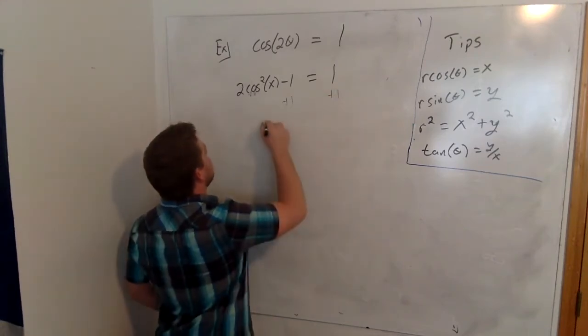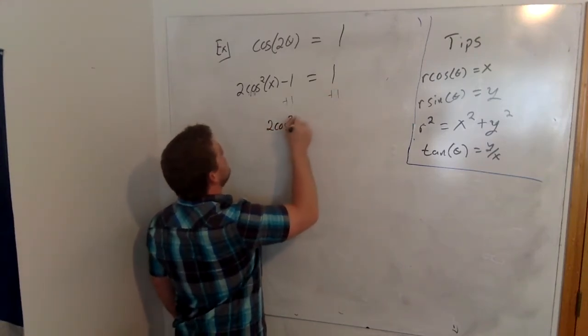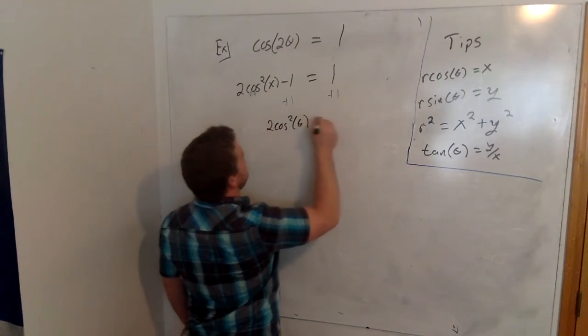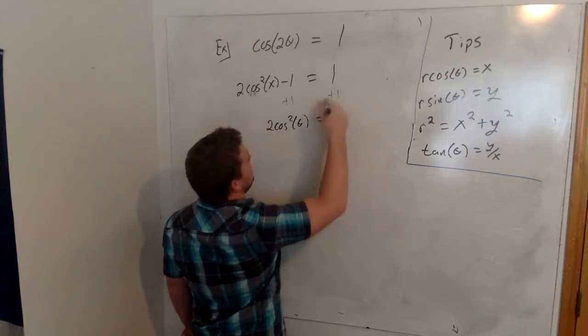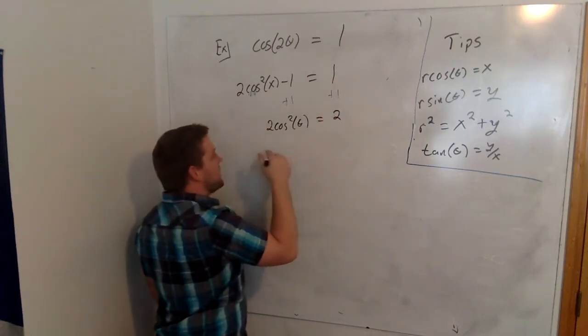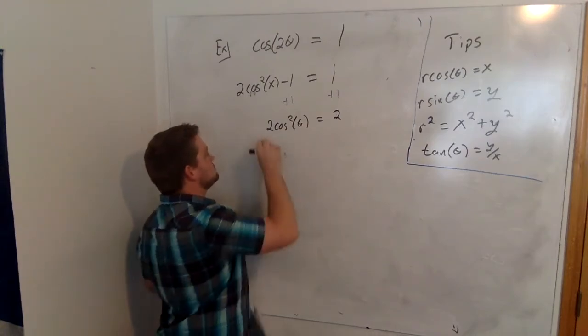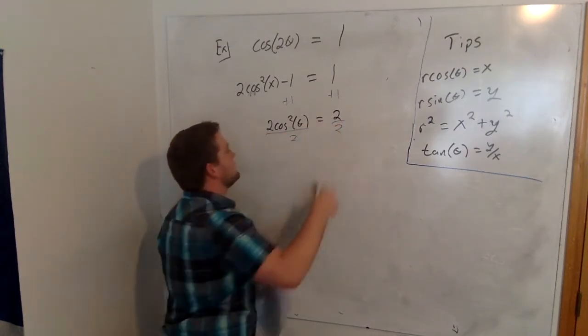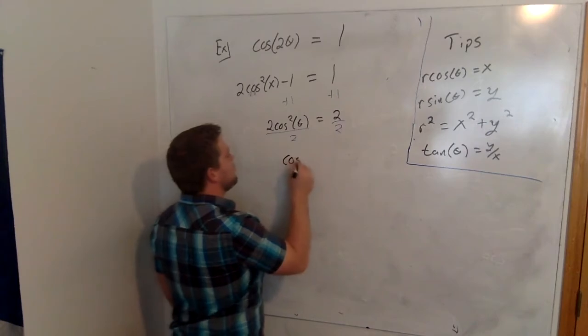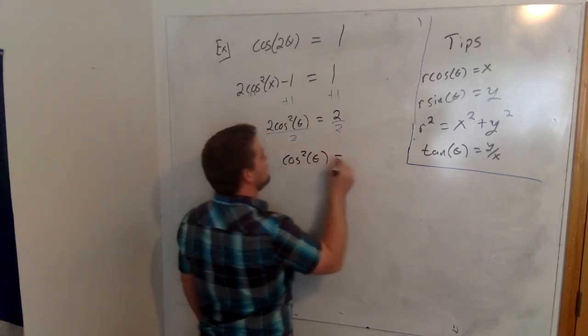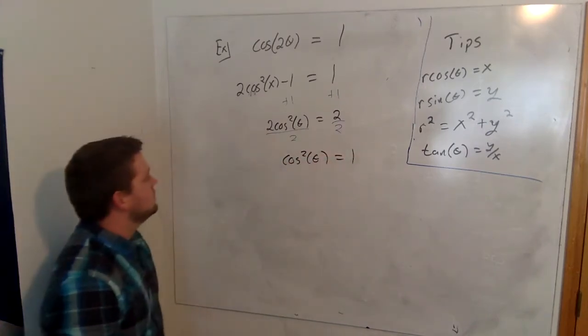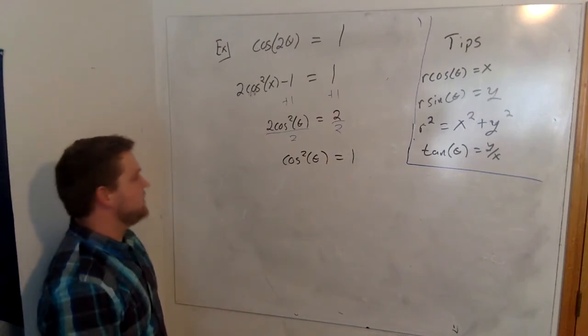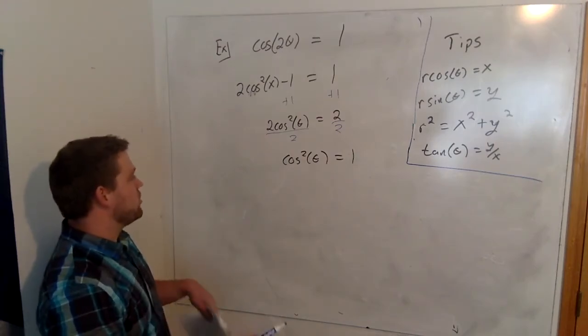So we'll get 2 cosine squared of theta will just be equal to 2. We could divide both sides by 2. So we could get cosine squared of theta will just be equal to 1. Okay, well, it would be nice to have an r cosine of theta.